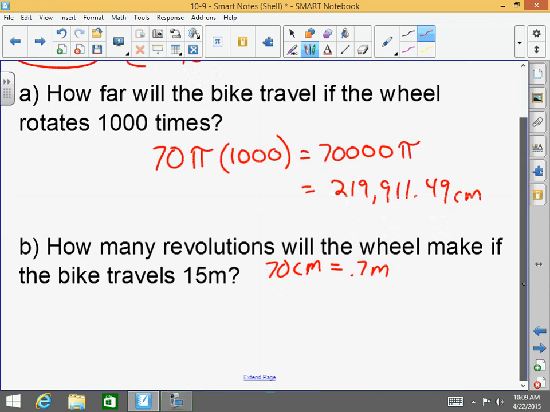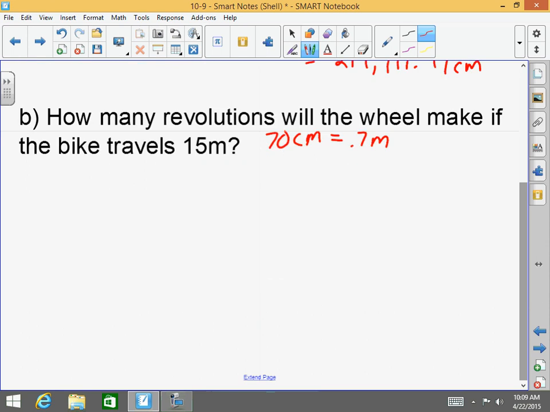Okay? And now I want to find the number of revolutions that the wheel will make if it travels 15 meters. Well, 15 meters equals the circumference times the number of revolutions. So 15 equals the circumference, which is diameter times pi, so 0.7 pi, times the number of revolutions.